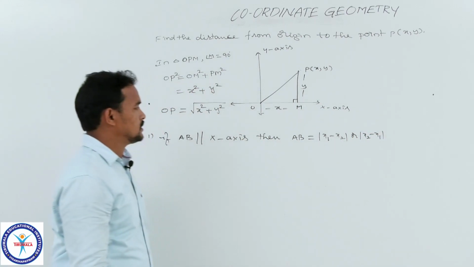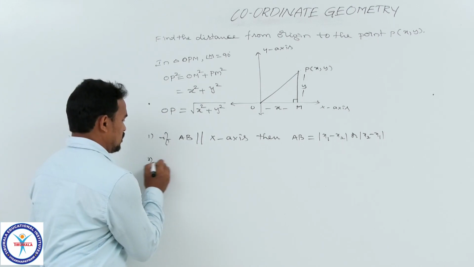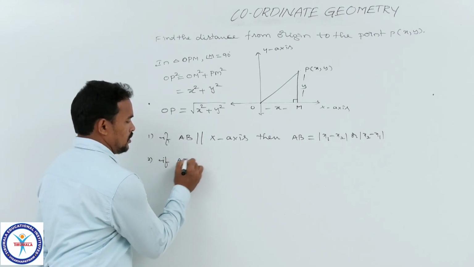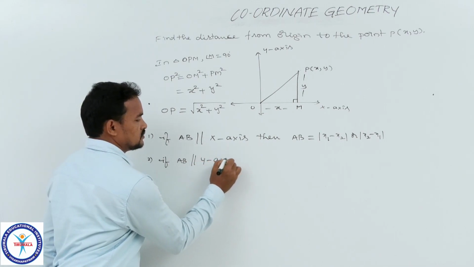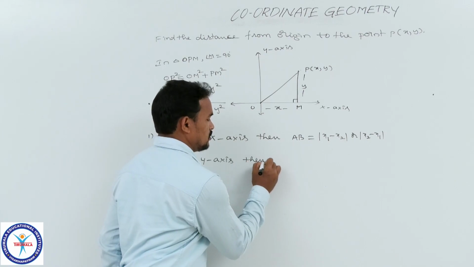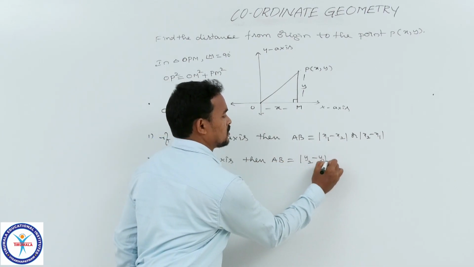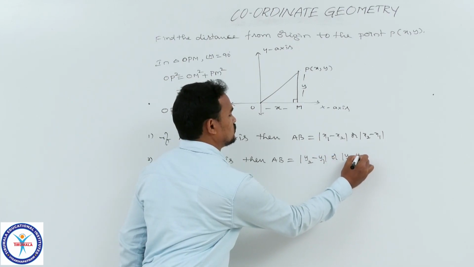Next, if AB is parallel to y-axis, then the distance from A to B is mod y2 minus y1 or mod y1 minus y2.